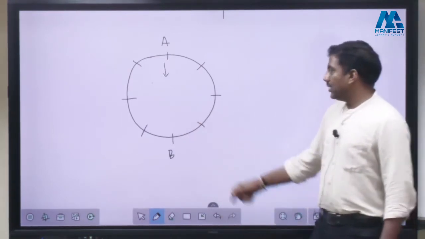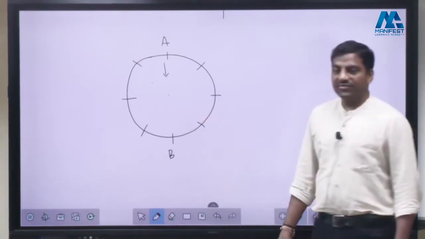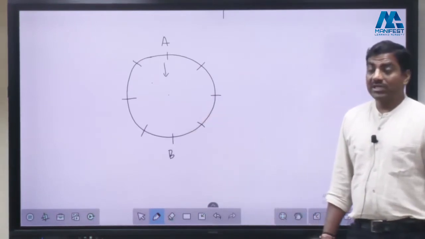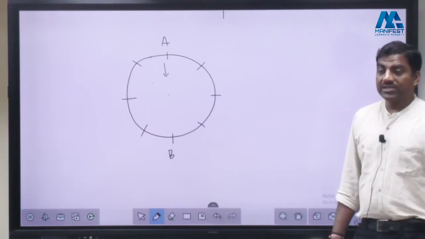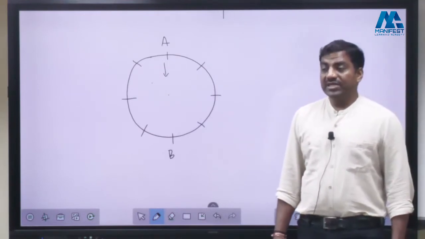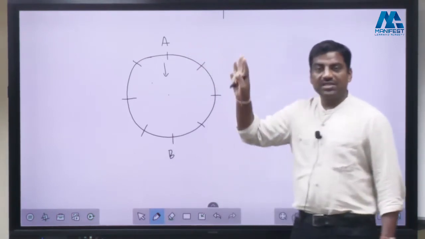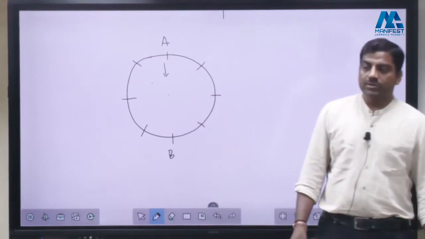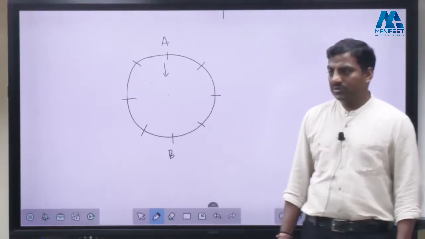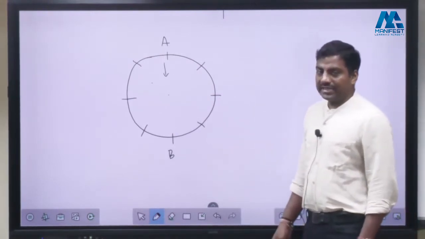Sometimes they give conditions where the persons sitting around the table will be facing away from the center also, that means towards that side. But those are the rarest problems. Okay, so we can take it like this.